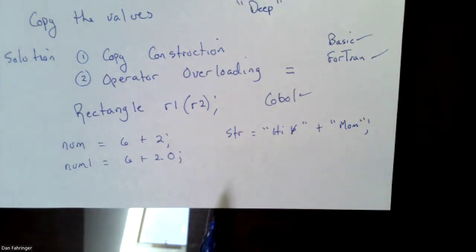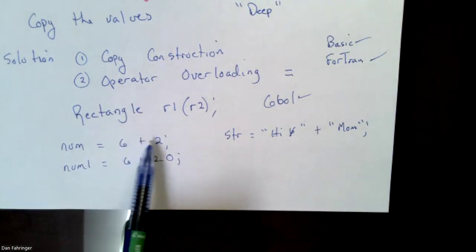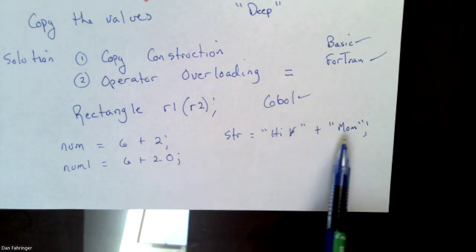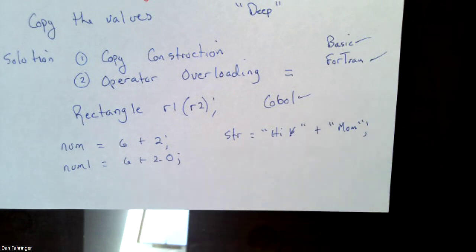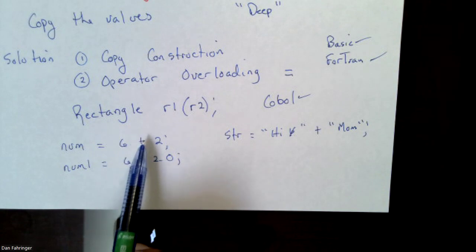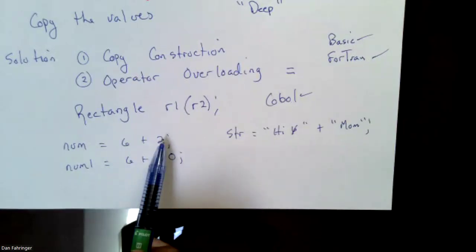Is this an example of an overloaded operator? The answer is yes. I'm adding an integer and an integer, an integer and a double, a string and a string. So the plus sign is already overloaded. How it works is it checks what's on the left and what's on the right.